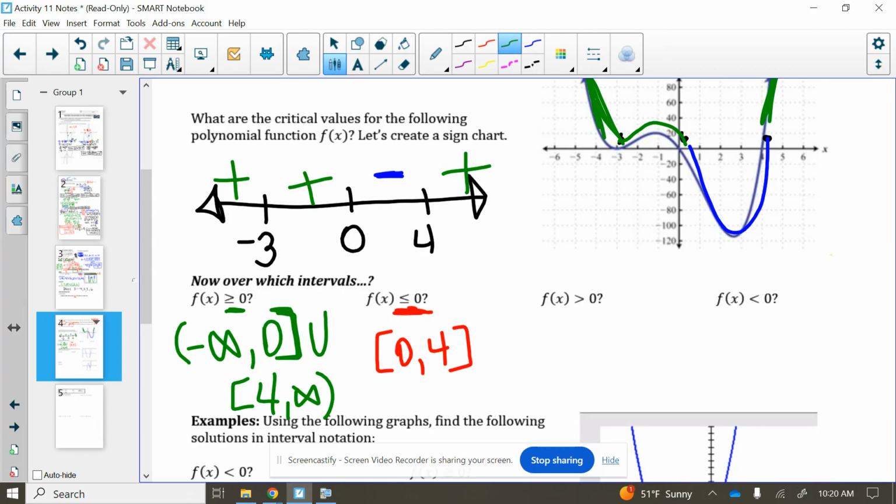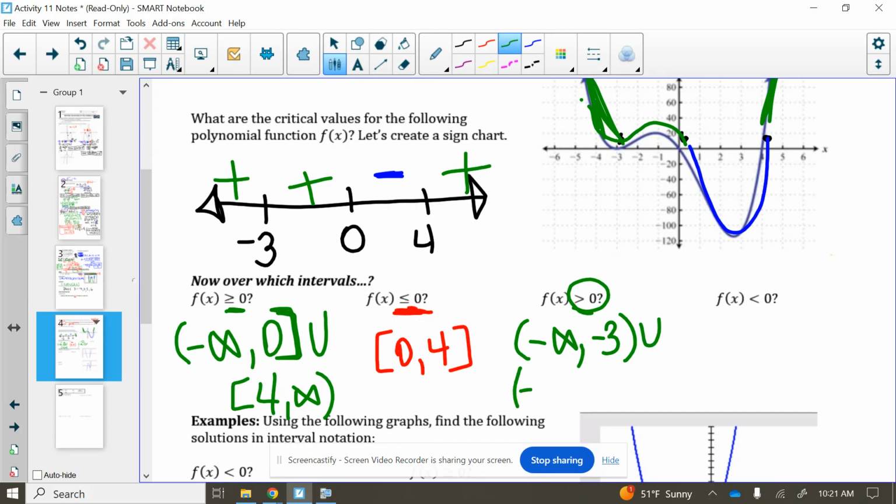We are, again, greater than 0, but notice no or equals to sign this time. This is where we have to be careful because we're greater than from negative infinity until we get to negative 3. But because we're not including negative 3 this time, it's going to be a parenthesis.